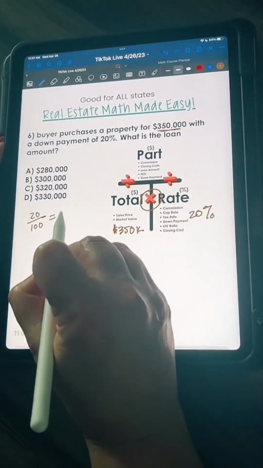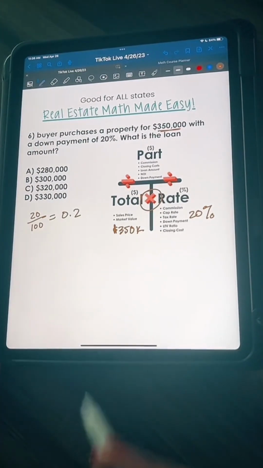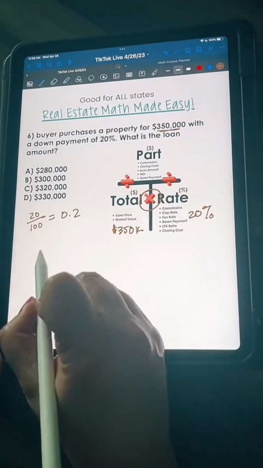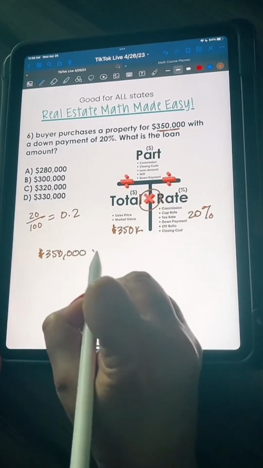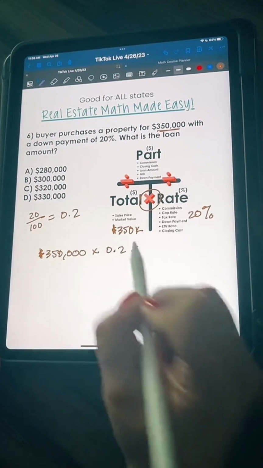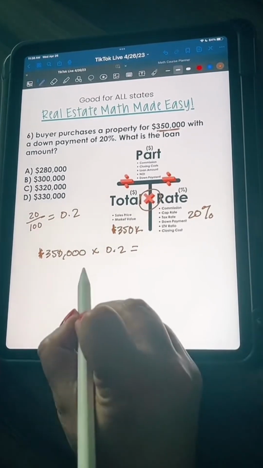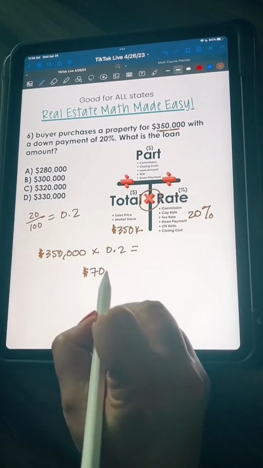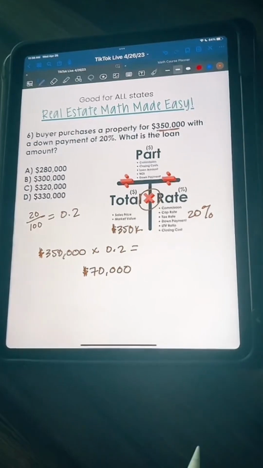Now, this is going to equal 0.2. Now, we just multiply them. So $350,000 times 0.2. And then we multiply that on our calculators, which we are allowed to use. And we say $70,000.